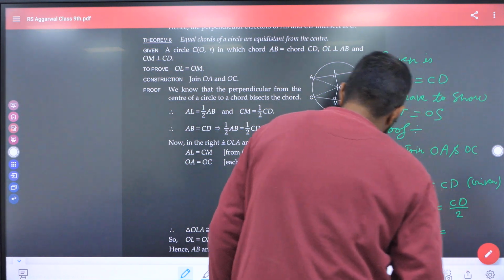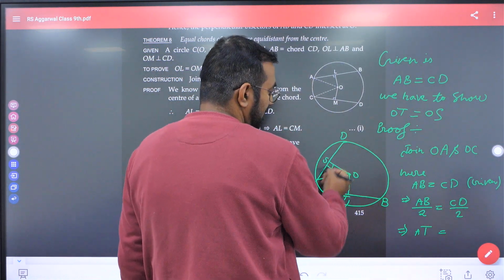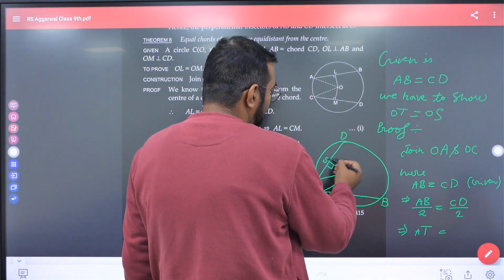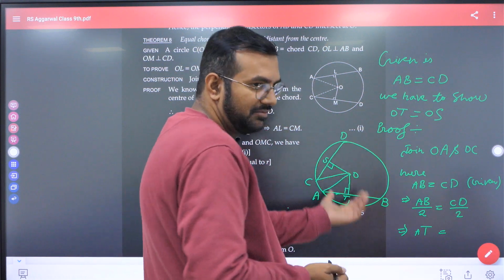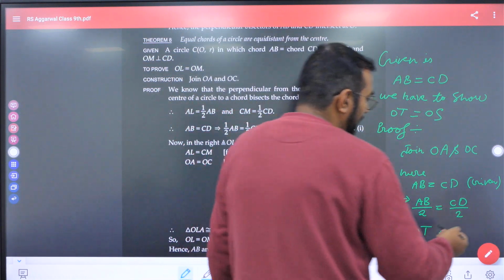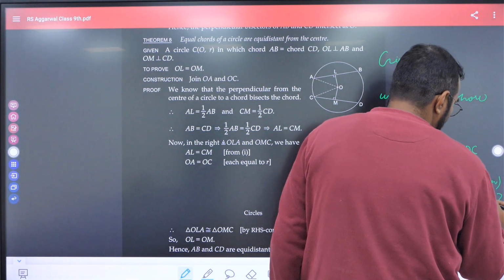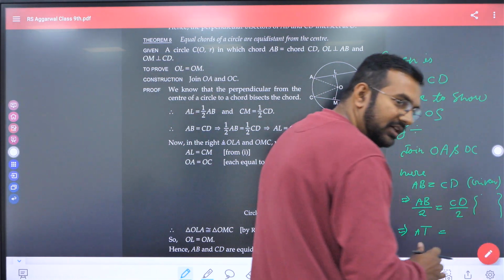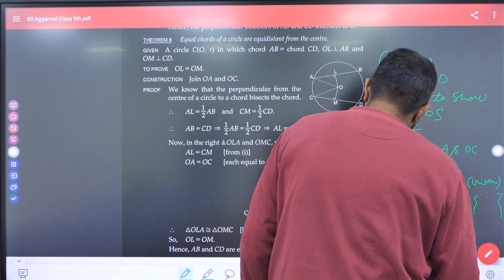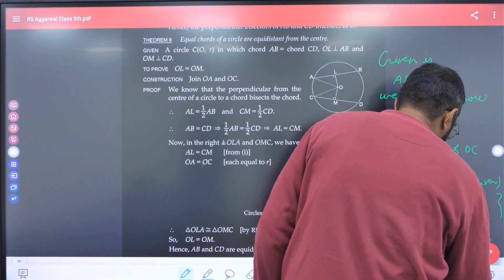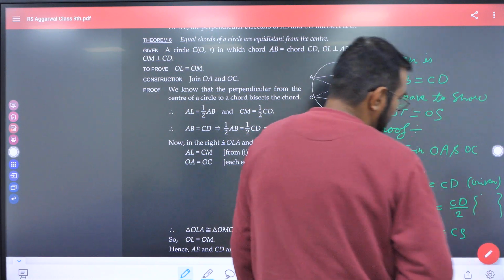AT is equal to CS. Why? Because CS is also the half of CD. By the same reason, you will write the reason here, okay? Perpendicular from the center bisects the chord. AT will equal CS, okay?